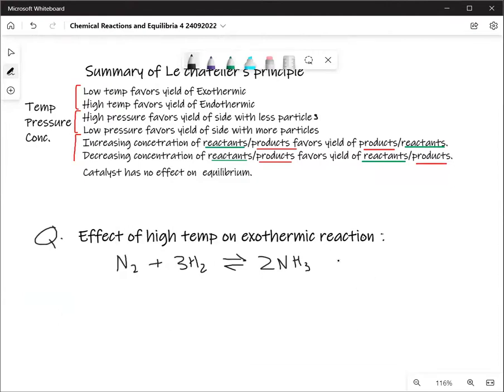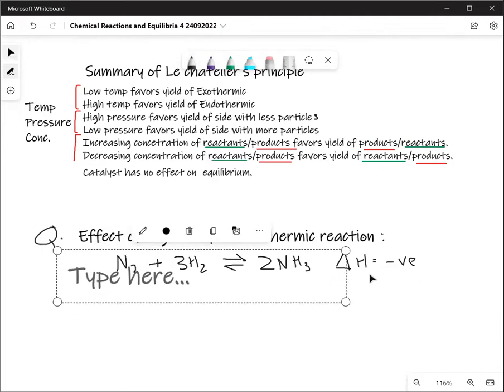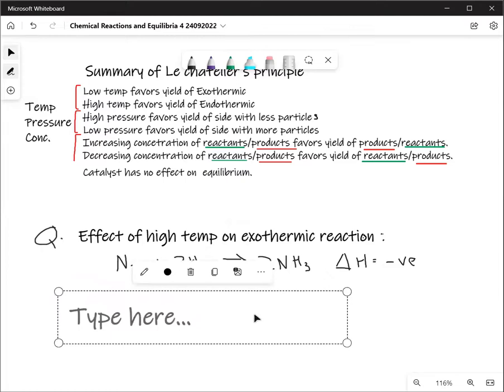Another thing I'll tell you is that this reaction has a negative delta H value. Delta H, the enthalpy, tells us if it's endothermic or exothermic. If the enthalpy is negative, that means it's an exothermic reaction.